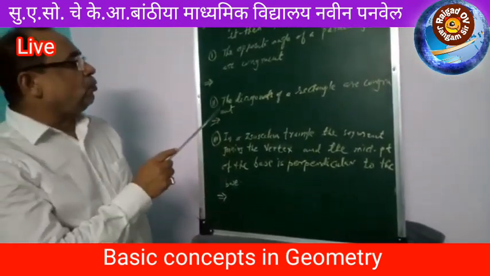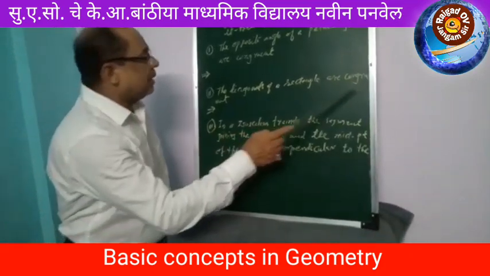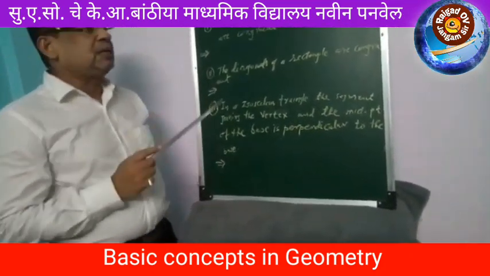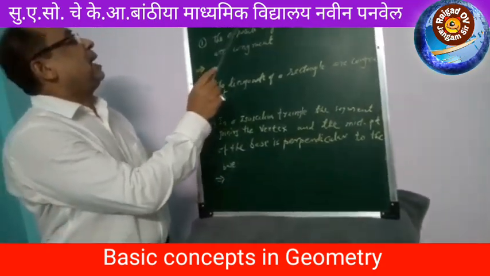Similarly, example number 2. The diagonals of a rectangle are congruent. This is also a simple sentence. You convert it into a conditional sentence, using if and then.